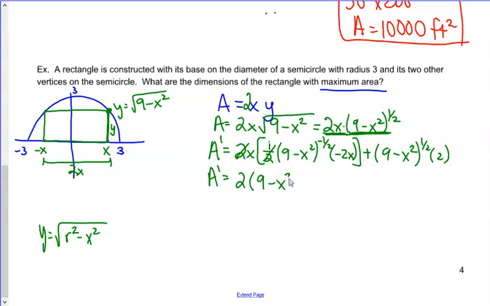So I'm going to take out 9 minus x squared to the -1/2, and now here comes what was left over. So I take away this 2, and I'm left with an x and a negative and an x. So I'm going to write that as -x squared. And I took this complete expression out front, and I'm left with an x and an x and a negative to give me that.